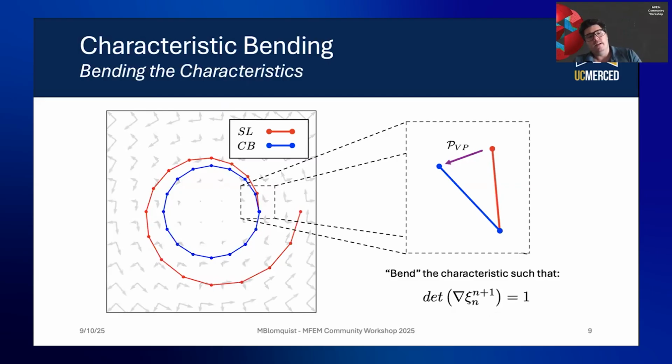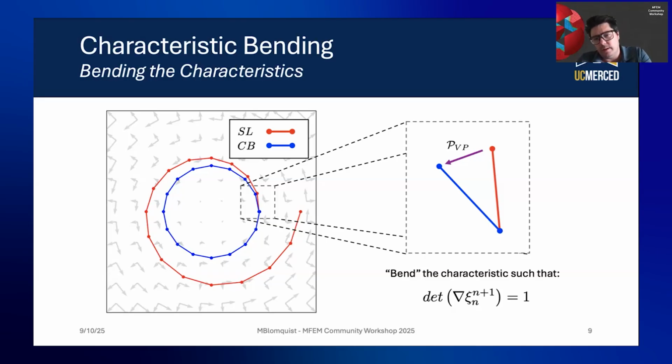So the idea for our characteristic bending scheme is to use this, and then we design a projection such that we can force the map to be volume preserving. Essentially, if we follow a characteristic of the semi-Lagrangian method on a field with nice solid body rotation that should be completely volume preserving, and you add some artificial compressibility, this will cause the characteristic to start spiraling out instead of staying in a concentric circle.